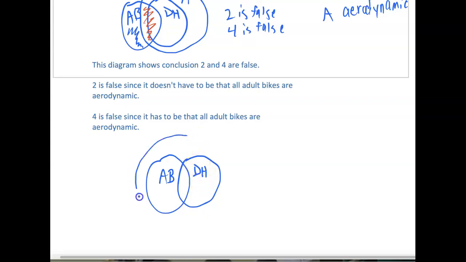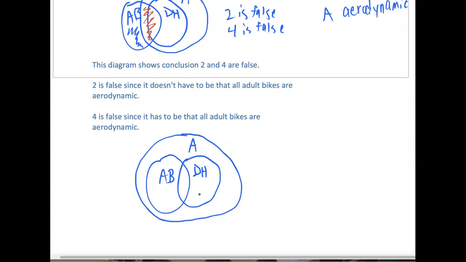But what if your aerodynamic circle looked like this? So now it is still the case that all drop handlebars are aerodynamic. But all adult bikes could be aerodynamic too. I didn't say otherwise. All I said is that all of these drop handlebars have to be inside the aerodynamic circle. So your Euler diagram could look like this. And in this diagram, both premises are still true.